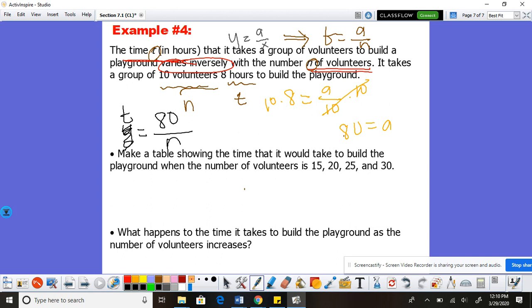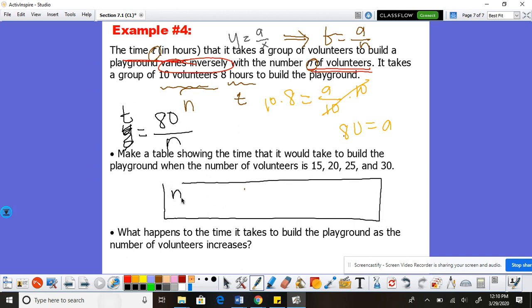Now make a table showing the time it would take to build the playground when the number of volunteers is 15, 20, 25, and 30. So in volunteers and time, we want 15, 20, 25, and 30.